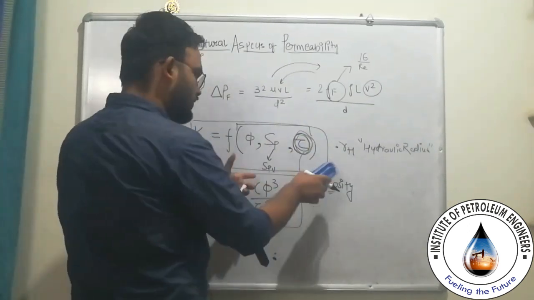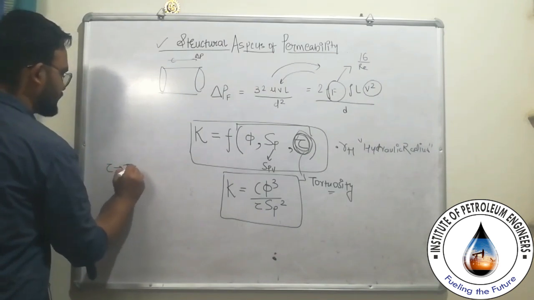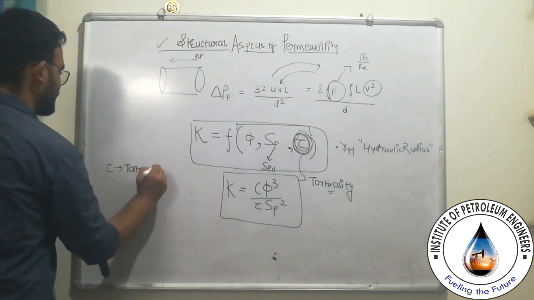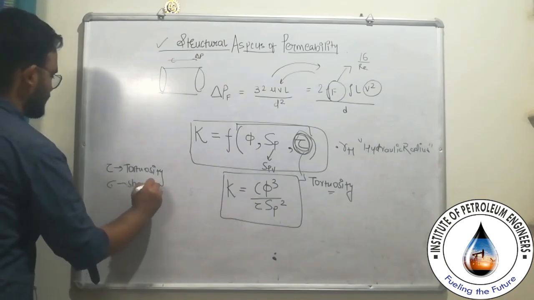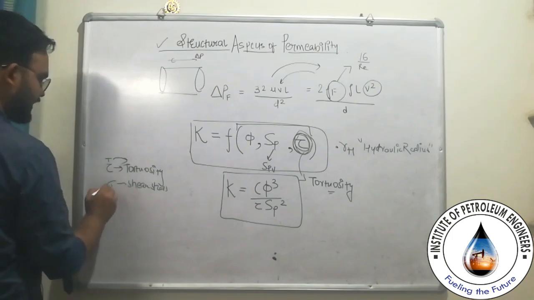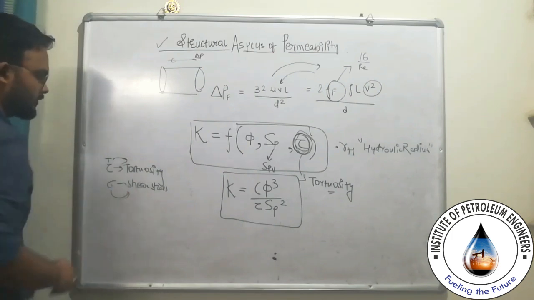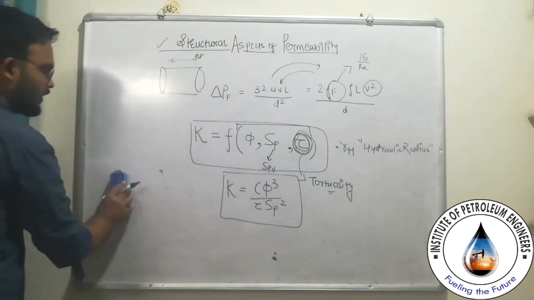So let's fix it now: tau, I'll use for tortuosity, and sigma I'll use for shear stress. It starts with T, so it's for tortuosity. Sigma starts with S, so it's for shear stress. You can have your own notations, not a big issue, right?